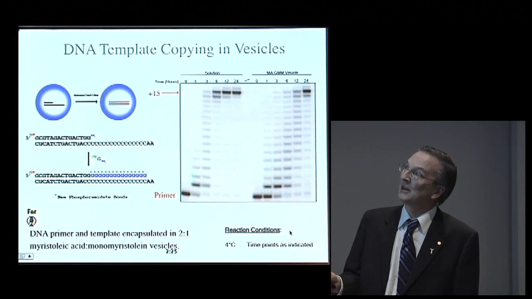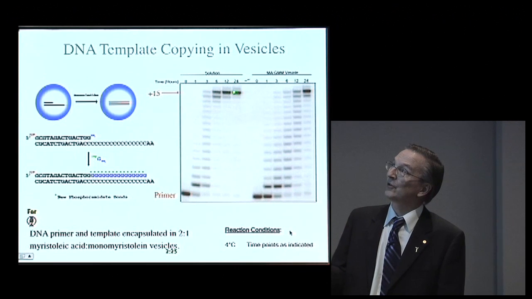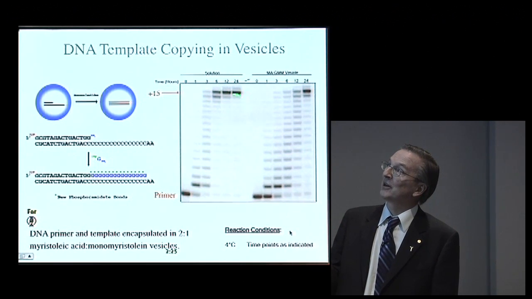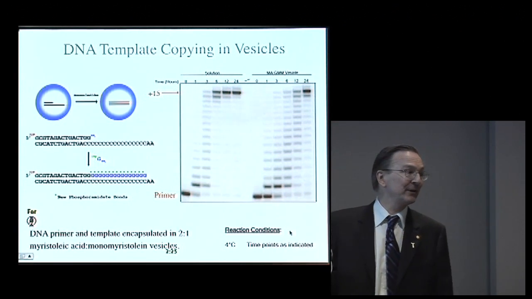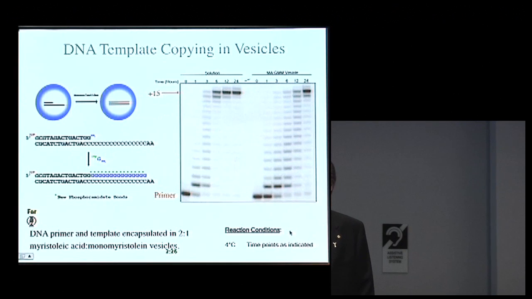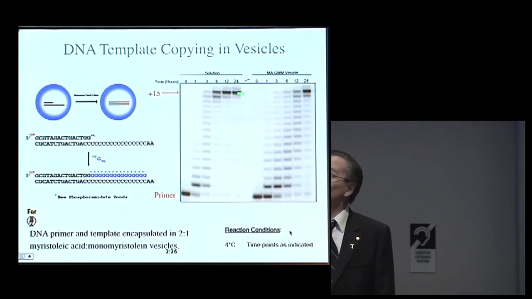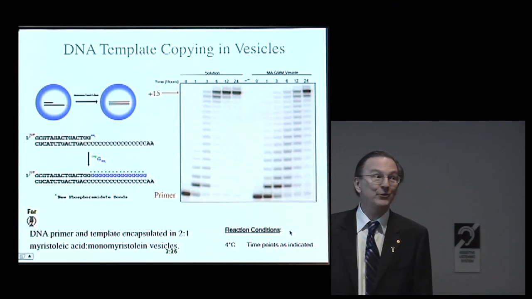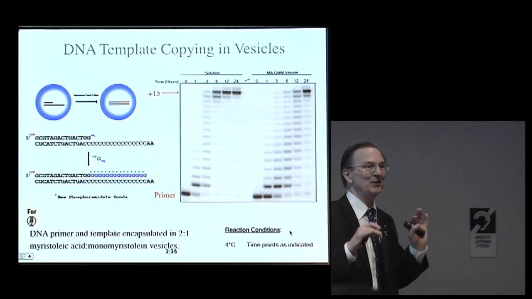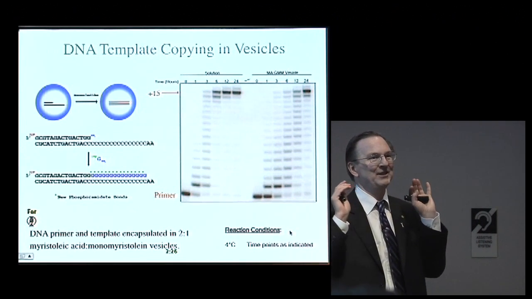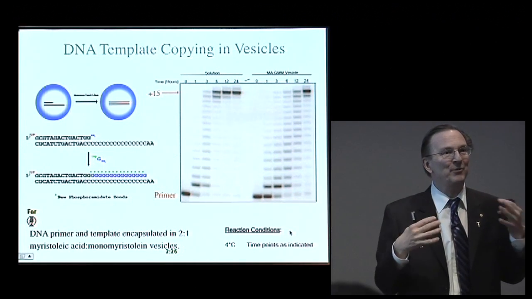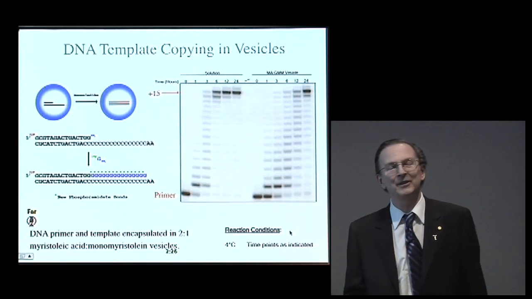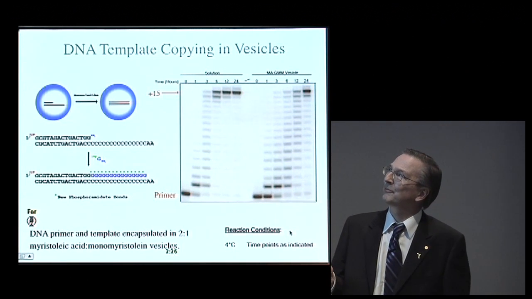Here's the primer, here are the longer products, and over about half a day, you accumulate very cleanly a full-length product. If we had a reaction this good that could copy any sequence, we would be in business. We could just use this as part of an evolving model protocell.